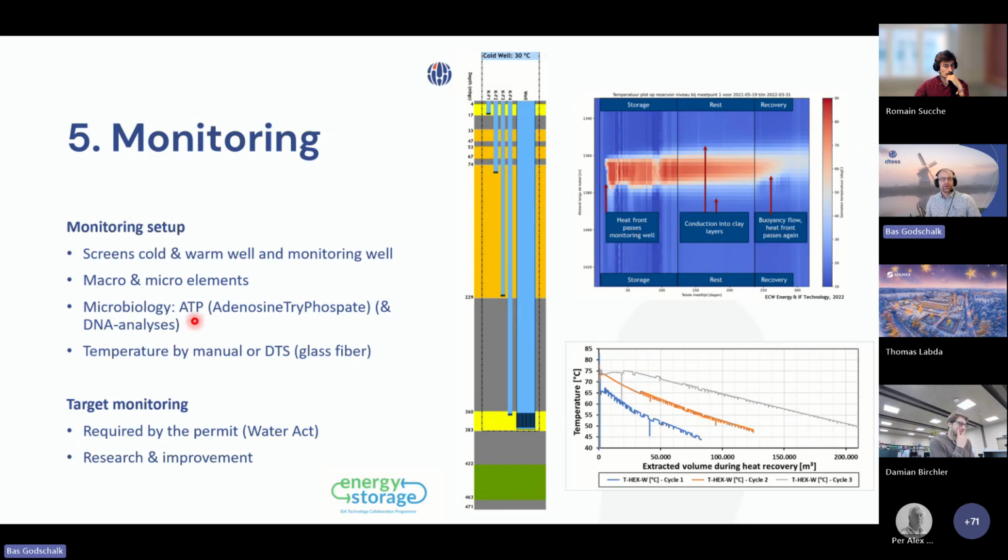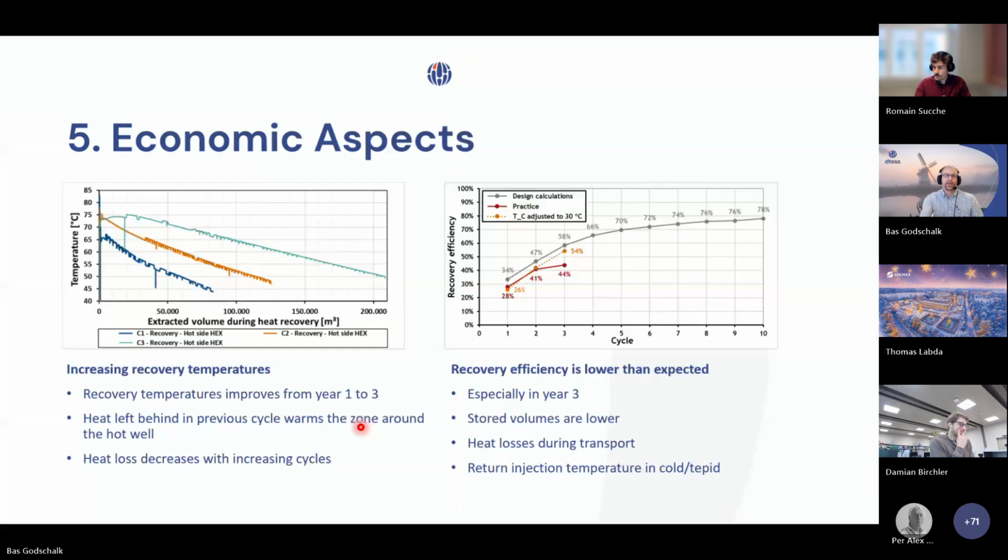We also measured ATP to see how the microbiology is developing in the wells. That sometimes is an obligation from the permit point of view, and we also want to learn more from this project, which is why we have extended monitoring.